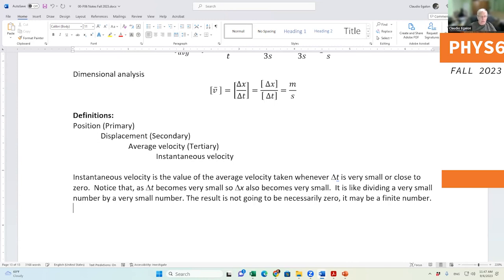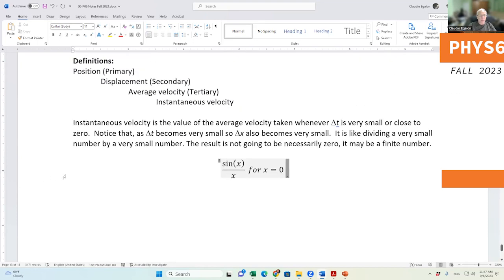It's just like the case of, I'm going to give you an example. Sine of x divided by x for x equal to 0.